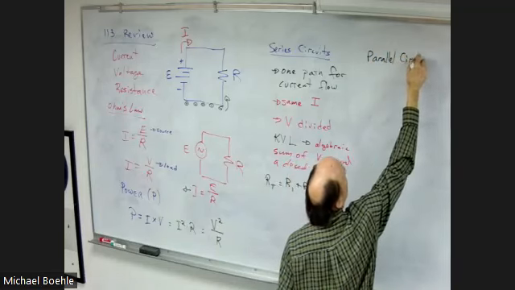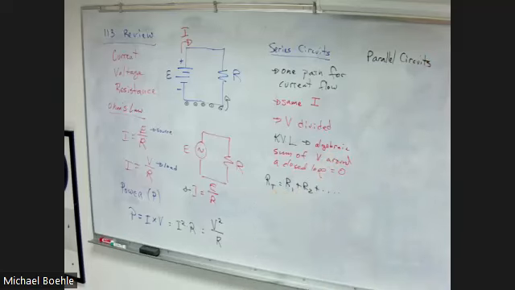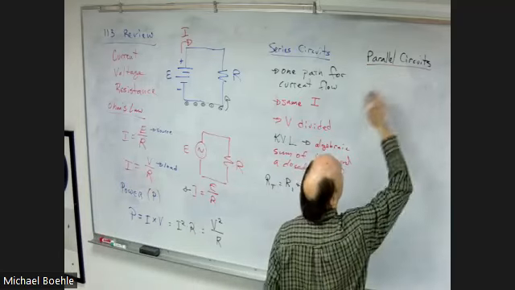Parallel circuits. How do I recognize components in parallel? They're going to have the same voltage. We consider them to be in parallel because they're connected to the same 2 points, which is why they have the same voltage.